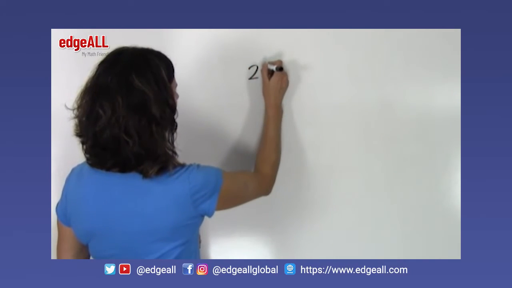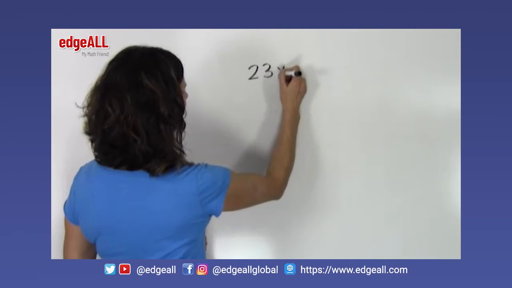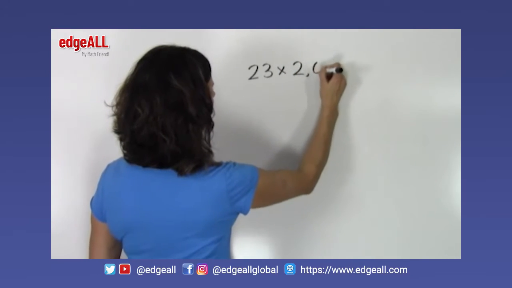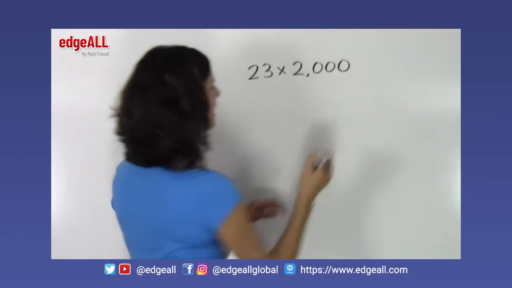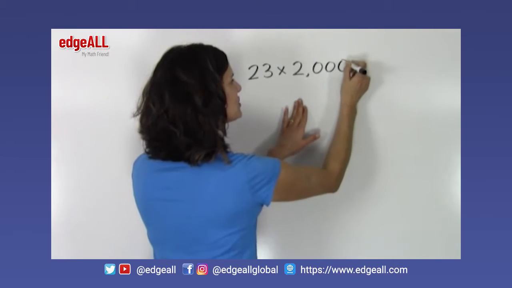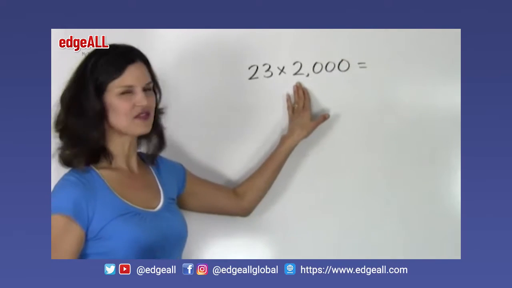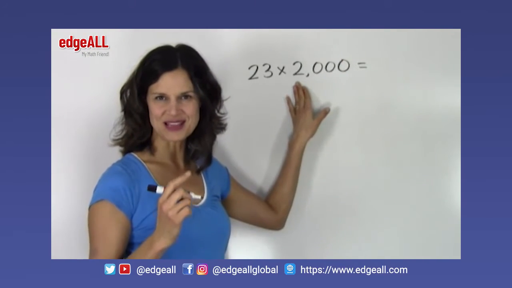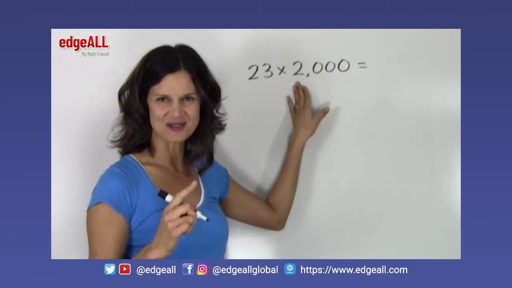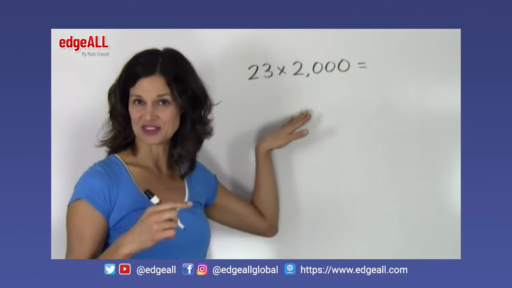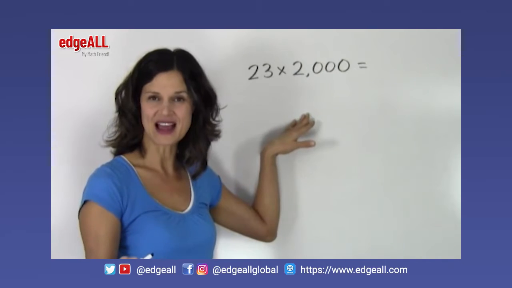What if we are multiplying together a number like 23 times 2,000? So far we've looked at problems where we would multiply 23 times 1,000, and then we would simply put the 23 with the 3 zeros after it.